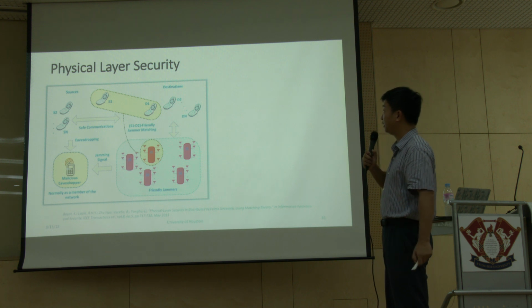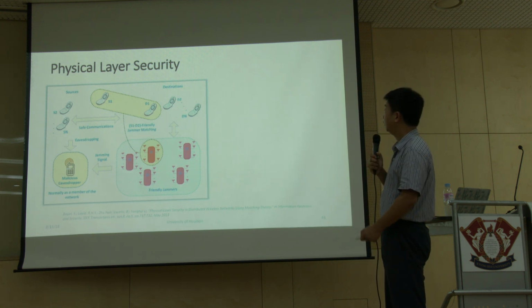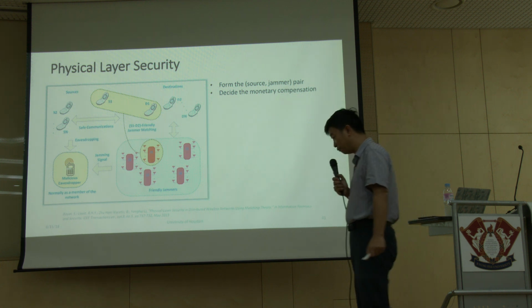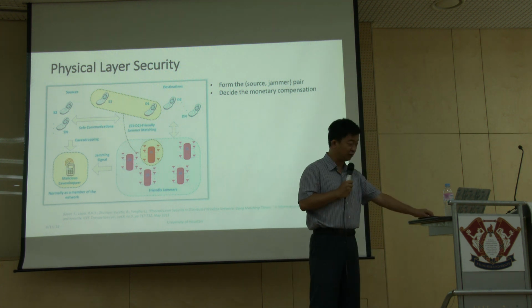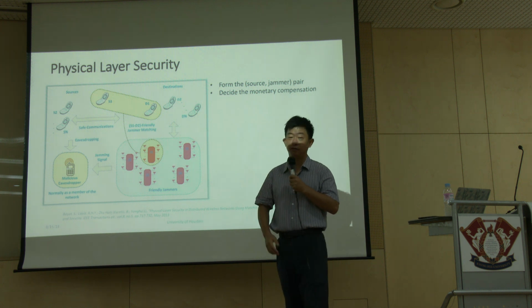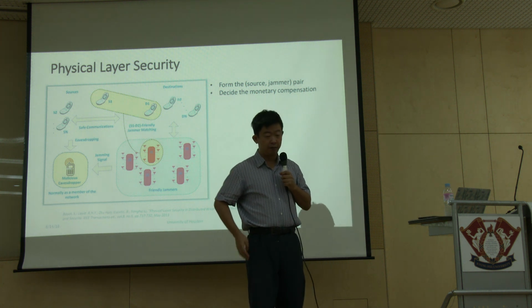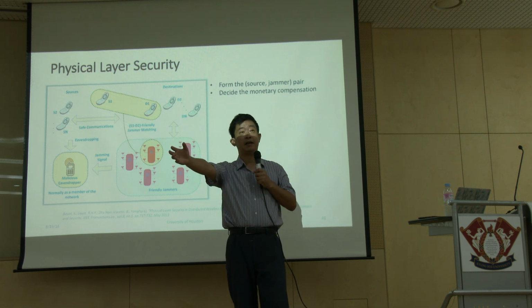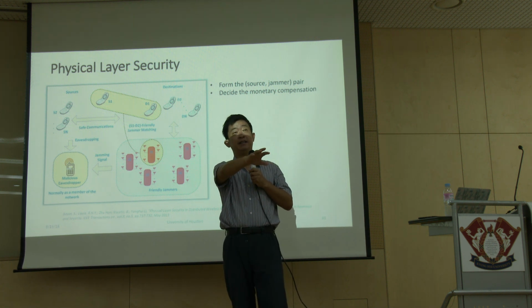The next story we want to talk about is physical layer security. For physical layer security, we form the source and the jammer and decide the mandatory compensation. Let me tell you the story. For physical layer security, we have the source sending to the destination, and there's an eavesdropper nearby.